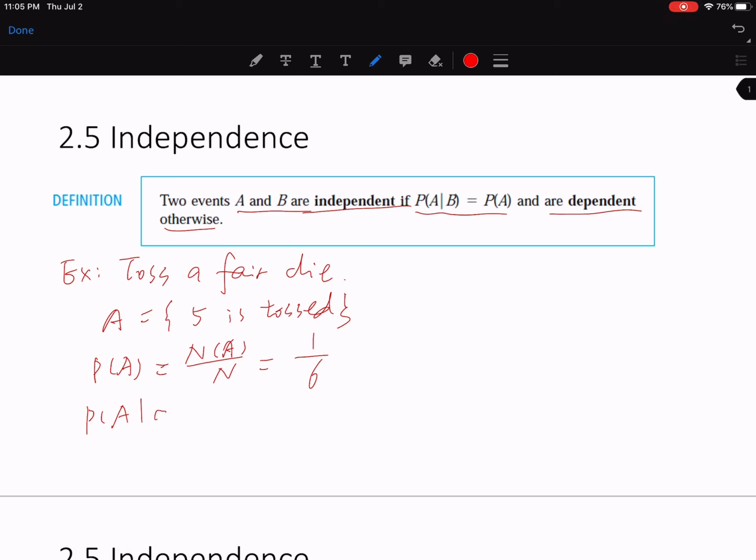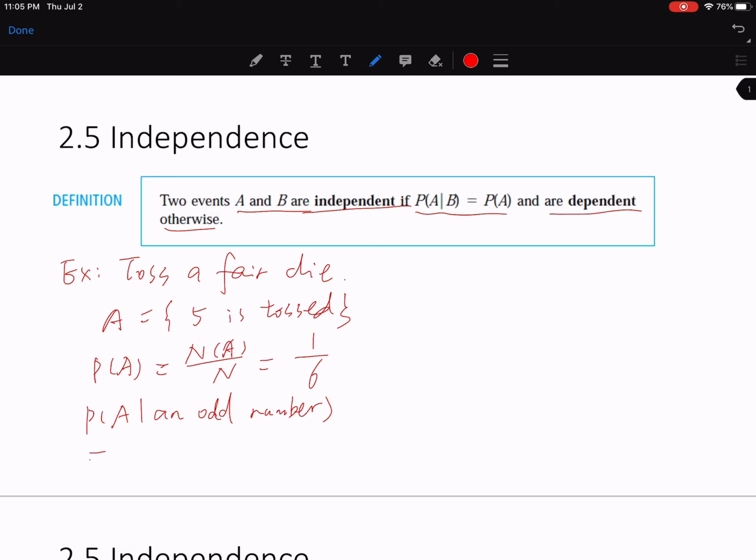And then I will say, what is the probability of A given an odd number? So we have already known that the number tossed is an odd number, and what is the probability that the number is 5?